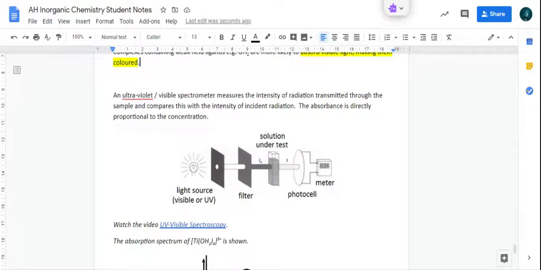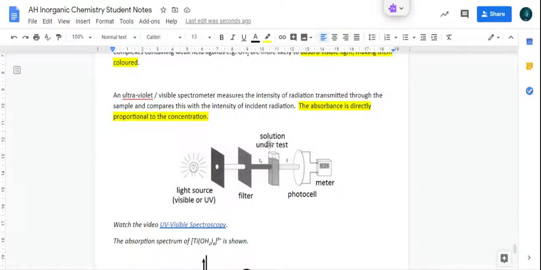Whichever wavelengths of light are absorbed, the complementary color is seen. A UV and visible spectrometer measures the intensity of radiation transmitted through a sample and compares it with the intensity of the incident radiation. The absorbance is directly proportional to the concentration. What happens is you have a light source, which passes through a filter if you're measuring a specific wavelength, through your solution under test, and then it is detected.